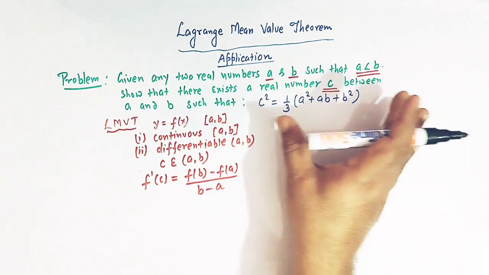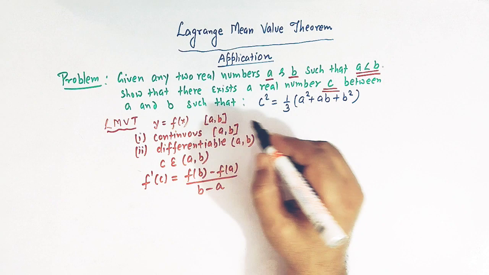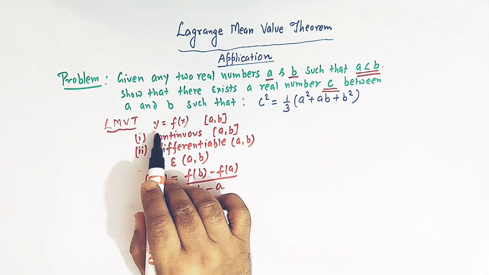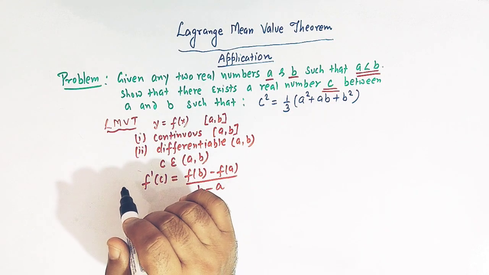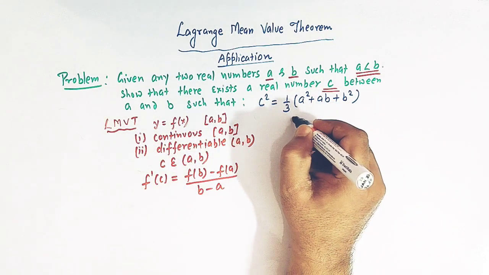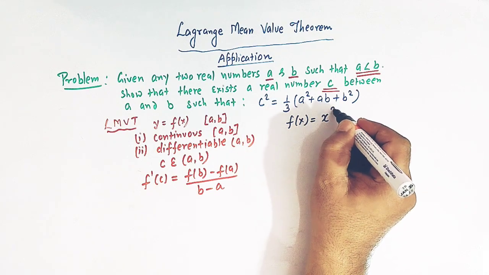So here what we will do, we'll first assume an appropriate function. We have y is equal to f of x, so let us assume a function f of x is equal to x cube.